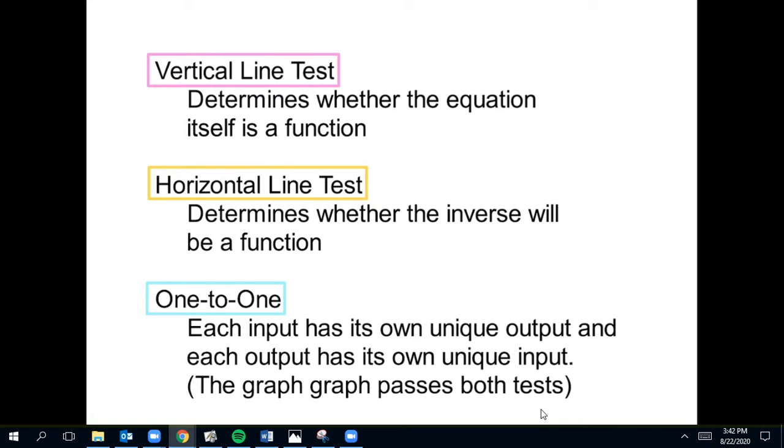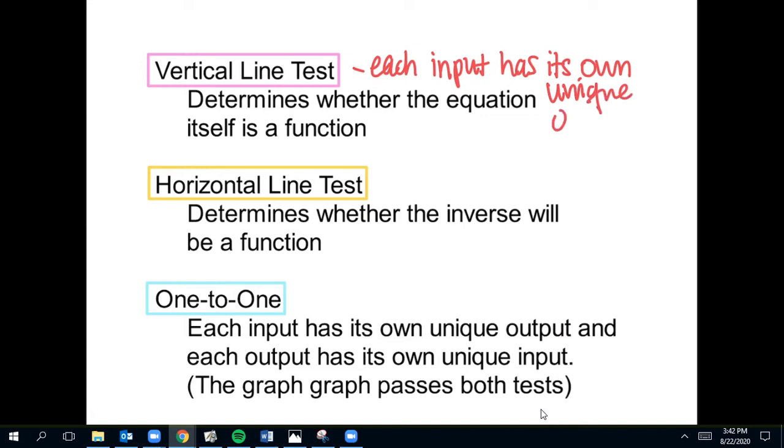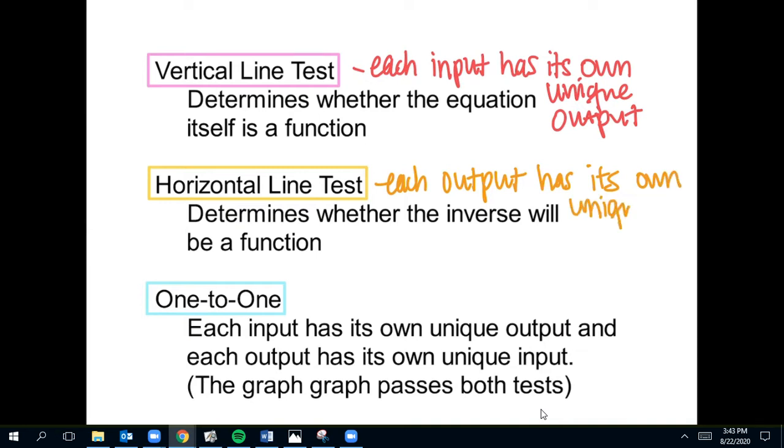Okay, so this one is each, and then here we have the reverse or the switch, the inverse. And so if you put those together, then we have the one-to-one.